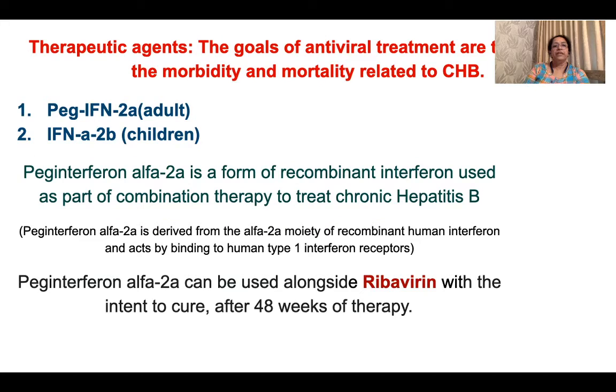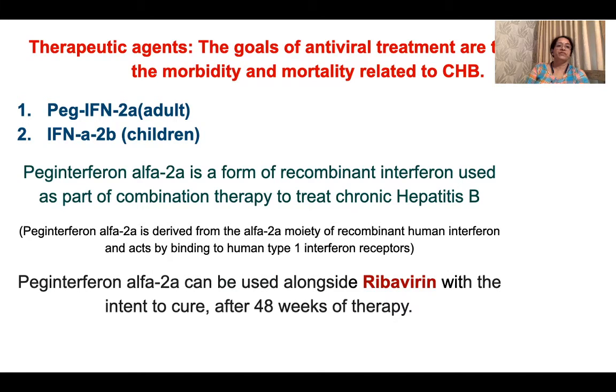These therapeutic agents have the goal of antiviral treatment, which is to decrease the morbidity and mortality related to chronic hepatitis B. Here use of PEG-IFN-2A for adults and IFN-2A-2B for children.